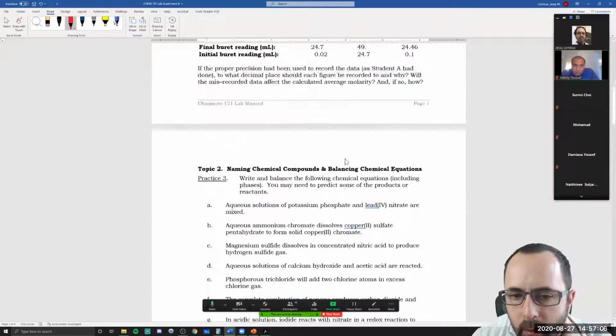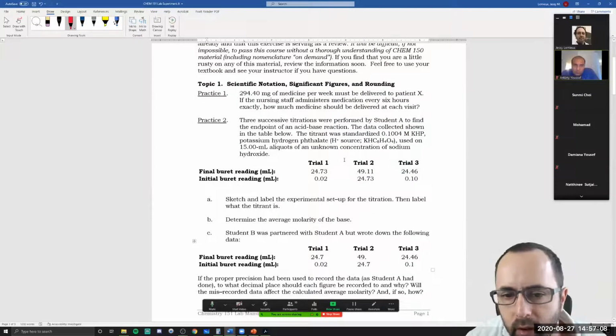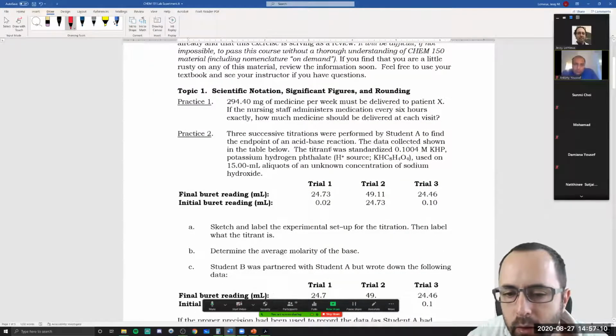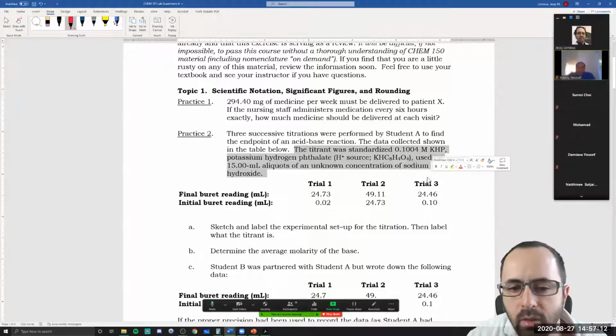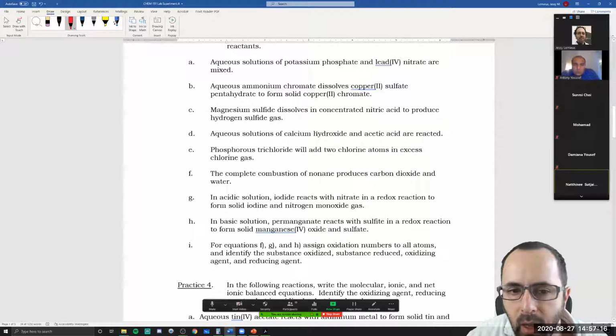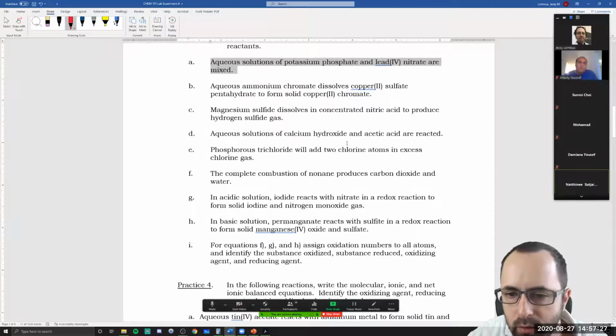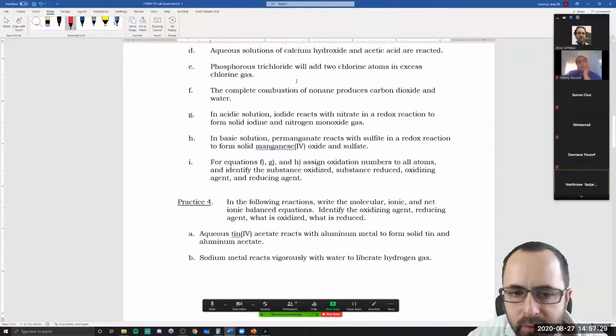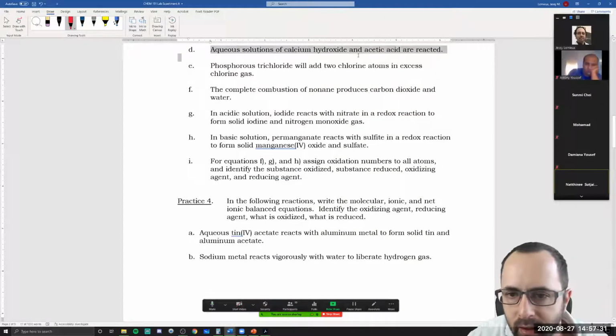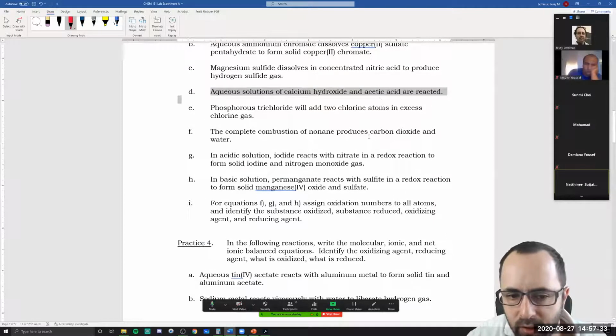I covered the big topics here, like how to do some stoichiometry using molarities right here, or how to write the product of a precipitation reaction like this one and determine what will be the precipitate, or to write a neutralization reaction like this.